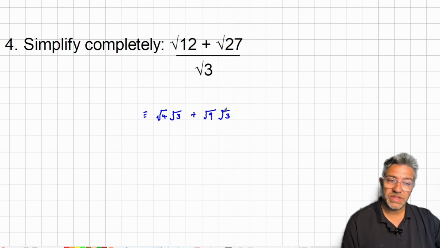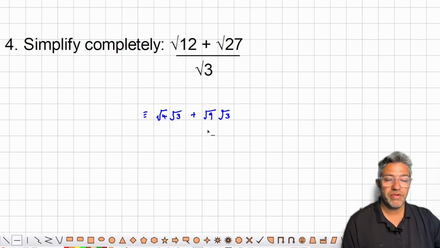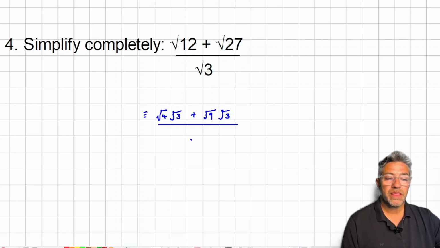To get back to 27, we'd have to multiply that by 3. So we can write root 27 as root 9 root 3. And remember, we are still over root 3. I take my different coloured pen, and at this stage, I can cancel out my root 3's.